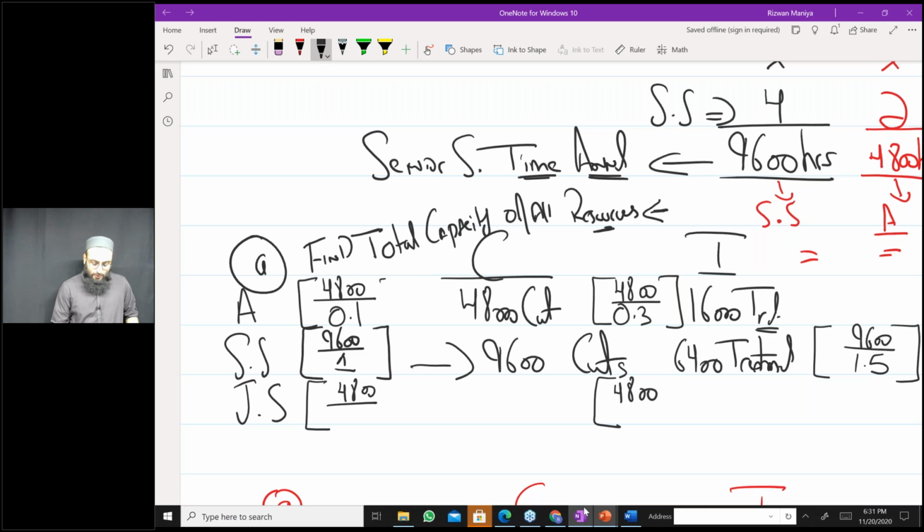Which means the assistant's work is to wash the hair. So the assistant can wash hair for 48,000 people who are coming for cuts. Understand the concept. And the assistant can wash the hair of 16,000 people who are coming for treatments. Agreed?